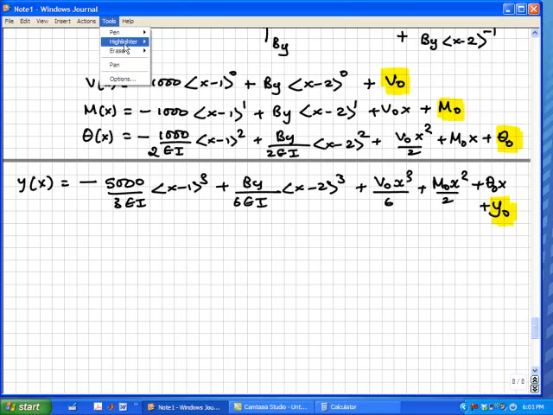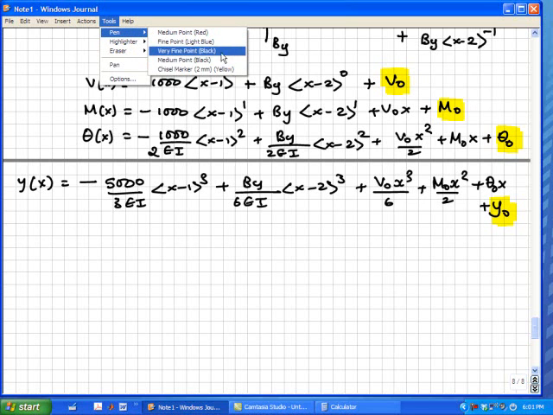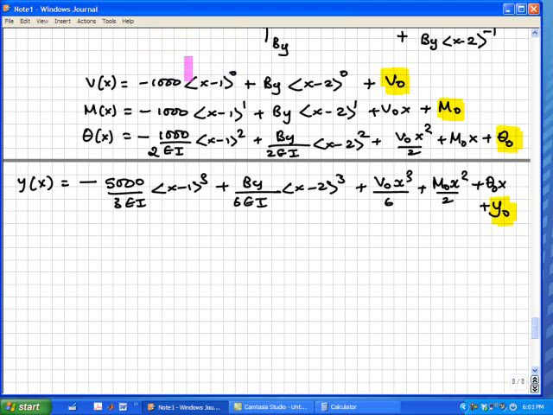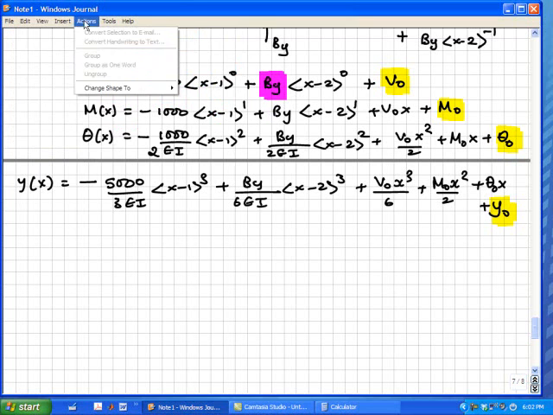The only thing that's the additional one is going to be here. My additional one is going to be there. Okay? So as soon as I do this, now I got to apply boundary conditions.